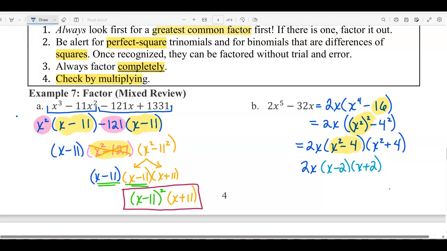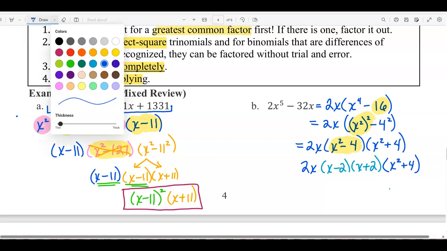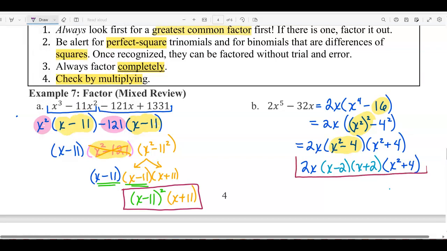Even though there are perfect squares in the first position and the last position, because it doesn't have a negative, it cannot factor any further. So anything with a plus is actually prime, does not factor any further. So that's an important point. You don't want to spend a lot of time working on something that you think should factor. If you have two terms and they're squares and it's a plus, it's prime, it does not factor. If it's a negative, it does break down.